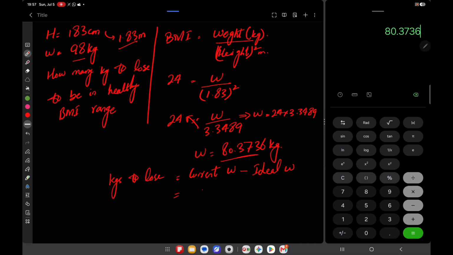So current weight is 98 kg minus ideal weight, 80.3736. So 98 minus 80.3736 will be equal to 17.62, or you can round it off to 18 kg. So 18 kg needs to be lost.